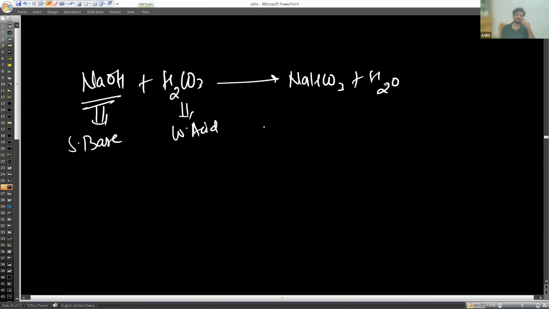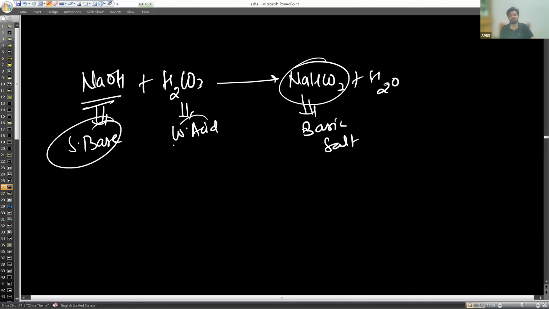Yes. Now this sodium hydrogen carbonate is a basic salt, because it is made up of a strong base and a weak acid. When there is a strong base and a weak acid, they form a basic salt, which has a bitter taste. So what we do is add some edible acid to this baking soda.